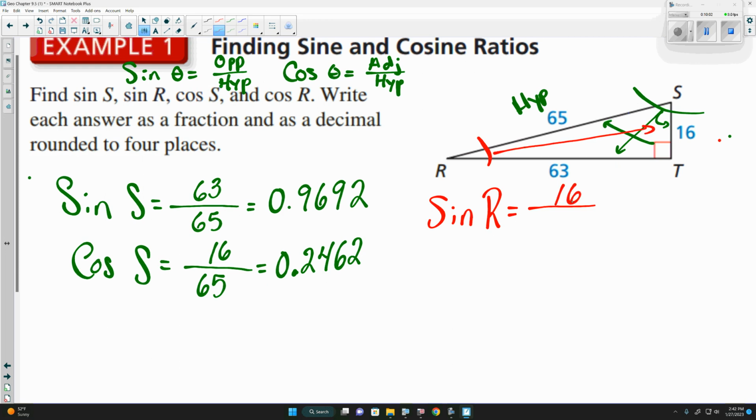Because again, the opposite side is always relative to the angle. Since we're talking about angle R now, the opposite side is 16. And the hypotenuse is 65. So what's this as a decimal? 0.2462.